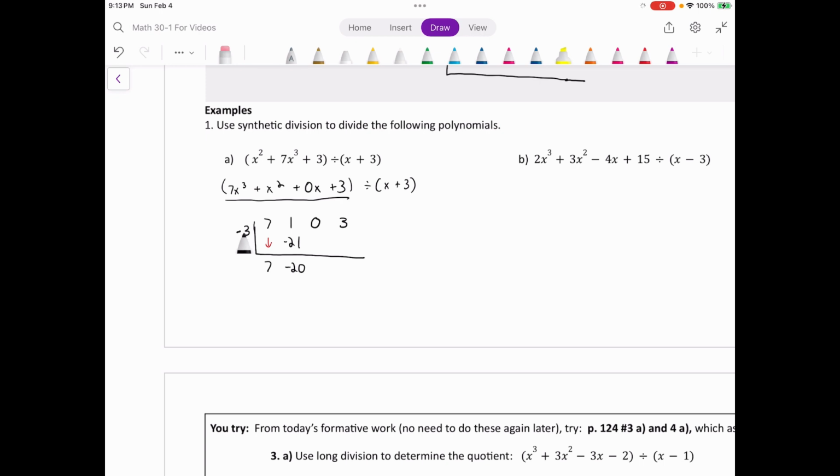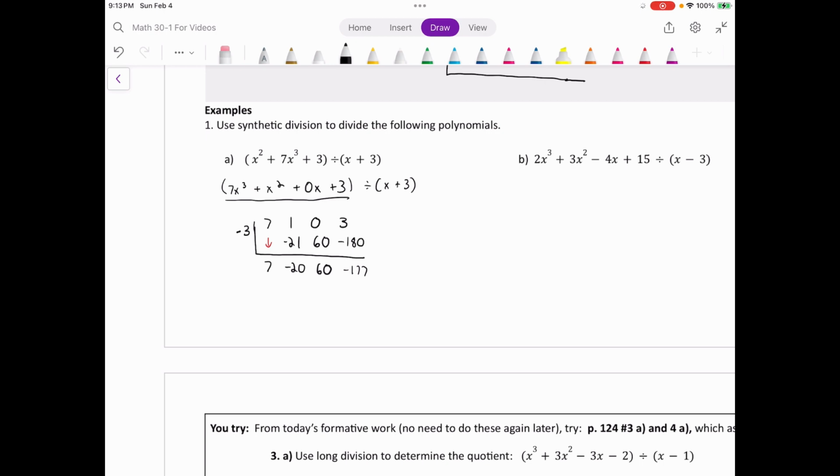And then I do negative 3 times negative 20. Well, that's positive 60. And now I just add 0 plus 60 is 60. And one more time, I'm going to multiply negative 3 by 60 to get negative 180. And I finish off by adding 3 and negative 180 to get negative 177.